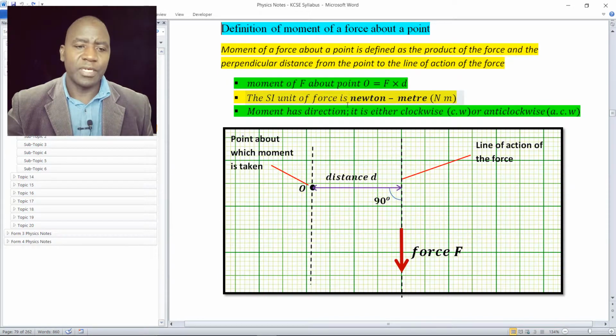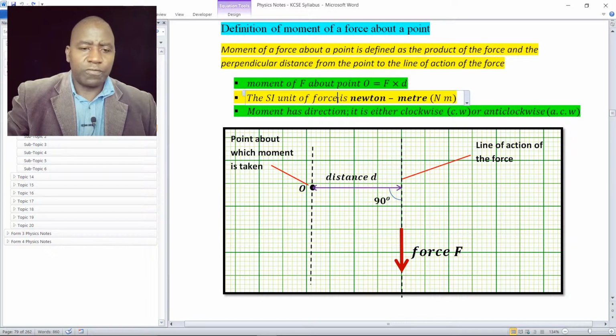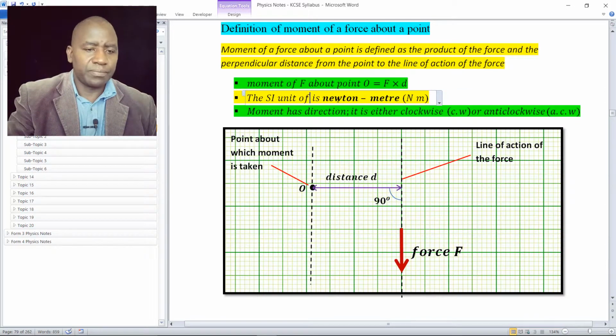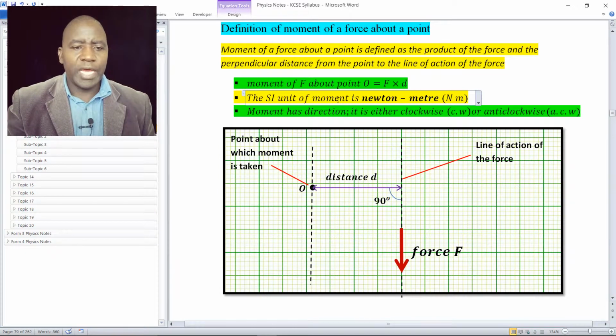Here I should have said this is the SI unit of moment, not the SI unit of force. So let's change that. The SI unit of moment is Newton meter, Nm. Be careful about this unit. Many times students make the mistake and start talking about Newton per meter. Newton per meter is the SI unit of a totally different physical quantity.